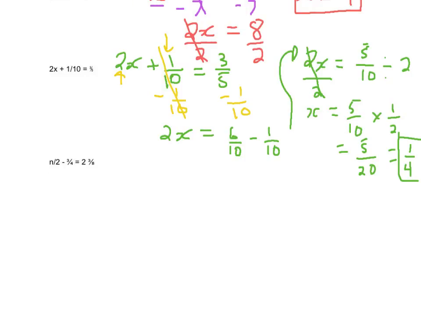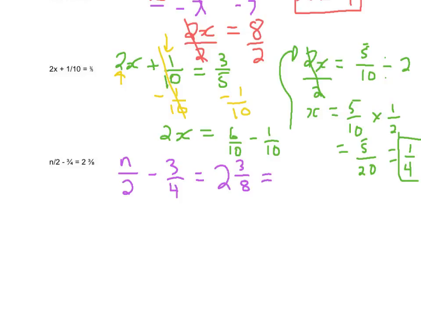Okay, we'll do one last example here. Again, slightly more complicated when we're dealing with the fractions, but same idea. n over 2 minus 3/4 is equal to 2 3/8. When I see a mixed number like that, I usually switch it to an improper fraction instead.